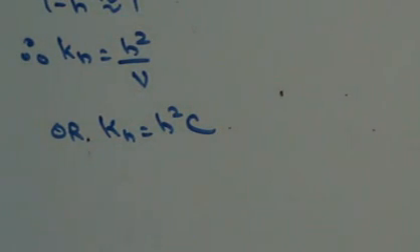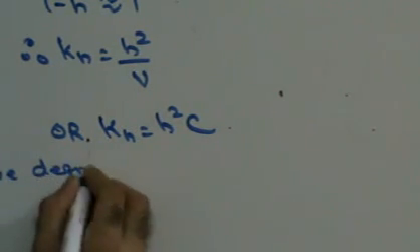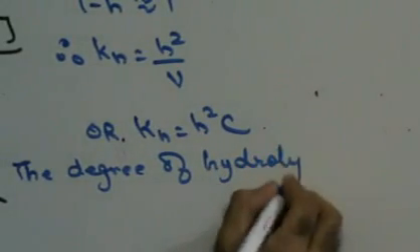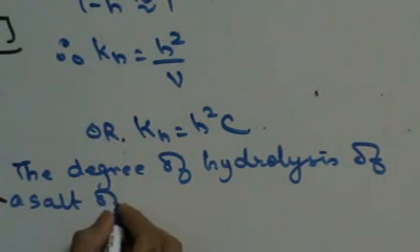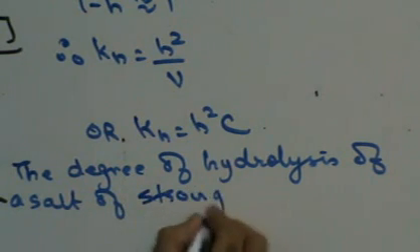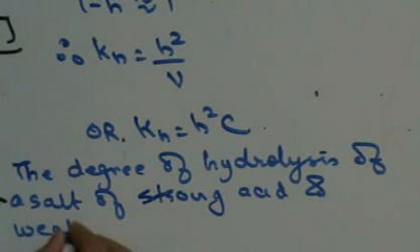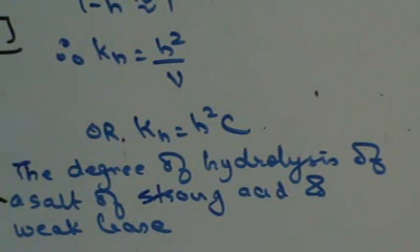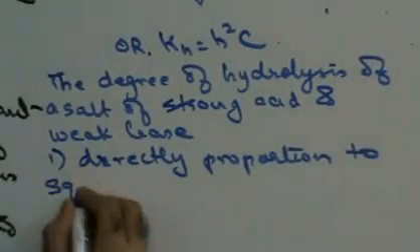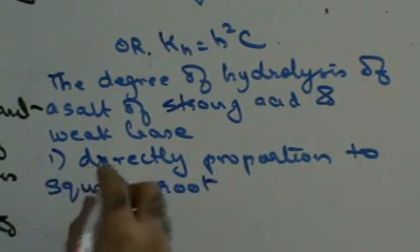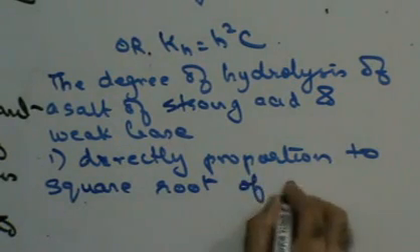From this equation, what we understand is that the degree of hydrolysis of a salt of strong acid and weak base is directly proportional to the square root of dilution.